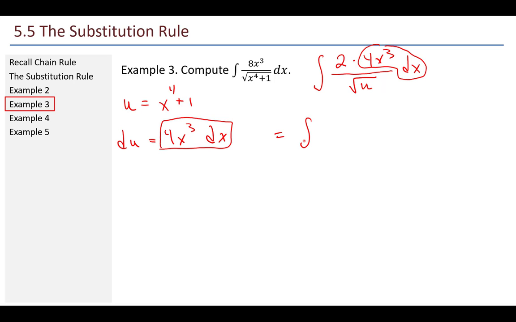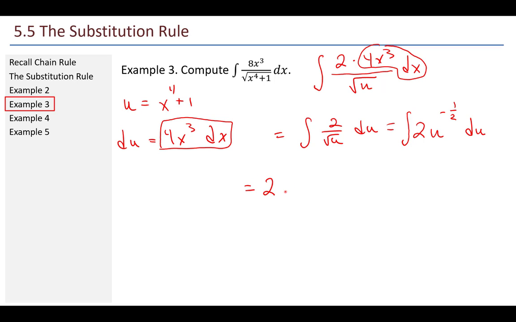So I get the integral of 2 over square root of u du. And again, I'll simplify a little bit. How about 2 times u to the negative 1/2 du? All right, I think I'm at a point now where I can anti-differentiate.